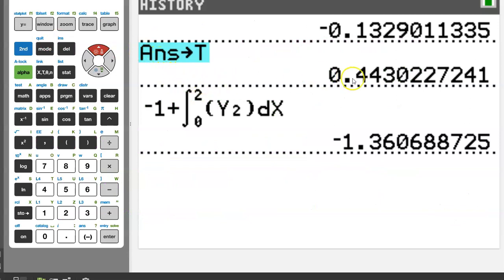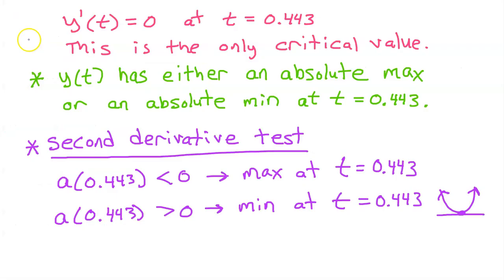Remember when I taught you how to take this long 10 decimal number, 0.4430227241, and store it in the variable t? And I told you that would be very useful later. Well, guess what? Now is the time we're going to use this. Remember, our goal is to evaluate the second derivative, the acceleration, at 0.443.